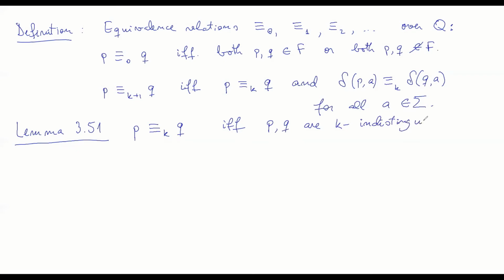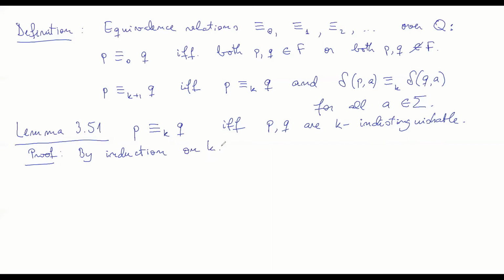And so that was the intuition that I was alluding to in the beginning of this lecture. And we can prove this. The proof is going to go by induction on K. And that's no wonder, right? Because the definitions were done inductively. So certainly we have the structure to do this induction on K.